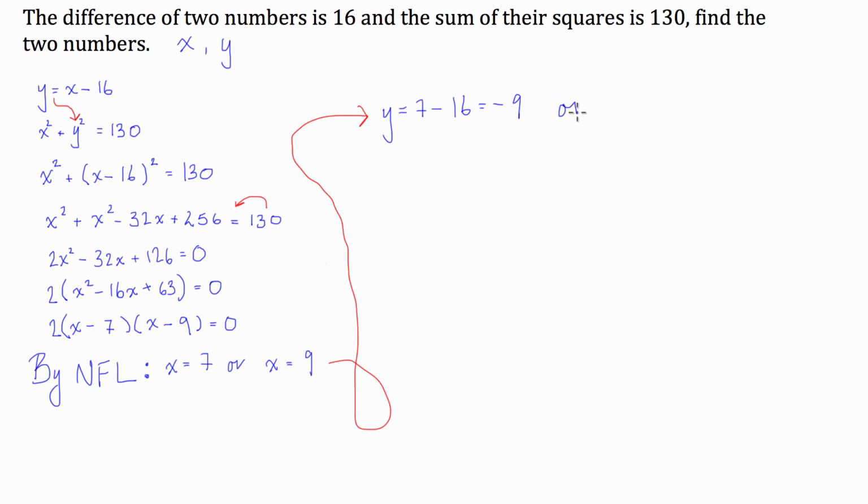Or if x was equal to 9, we can have y is equal to 9 minus 16, which is equal to -7. So there are actually two number combinations here. We could have x is equal to 7, y is equal to -9, or we could have x is equal to 9 and y is equal to -7.